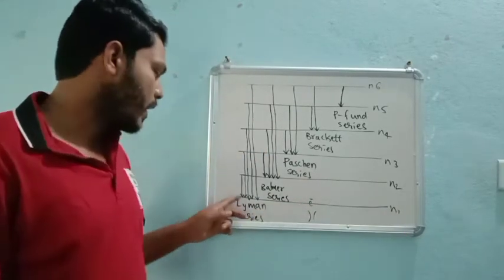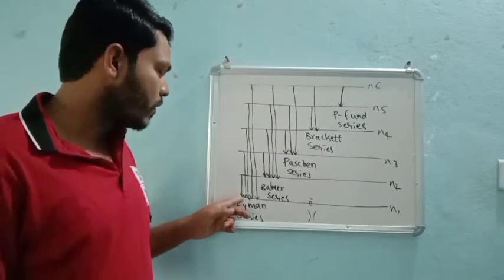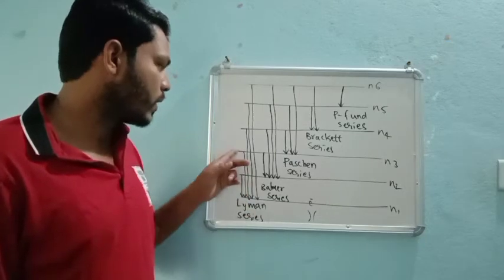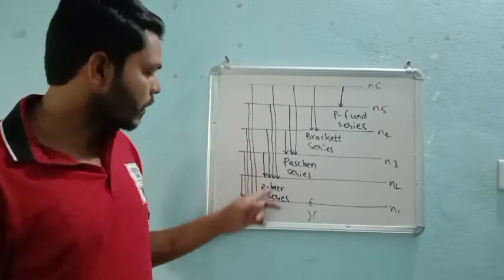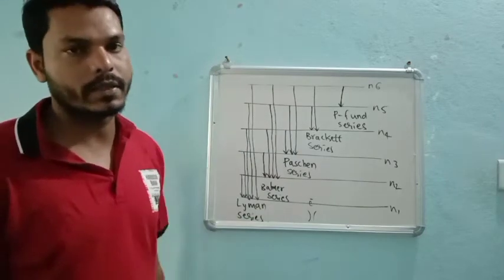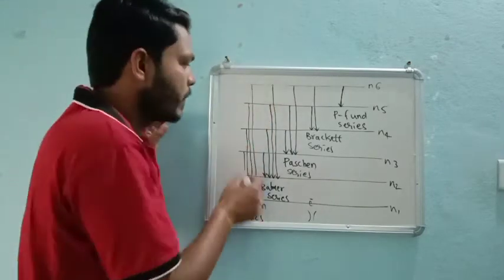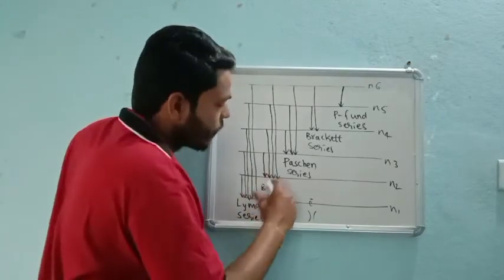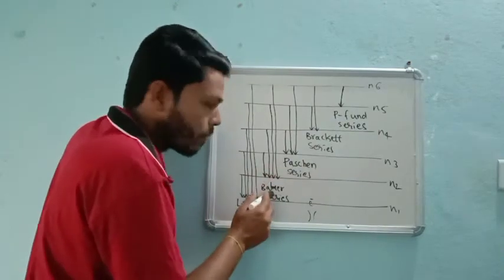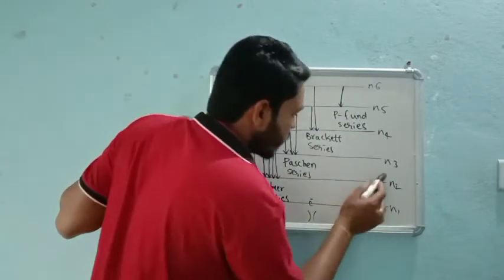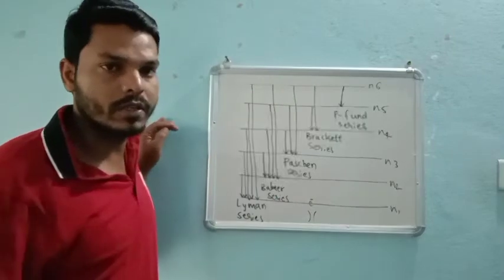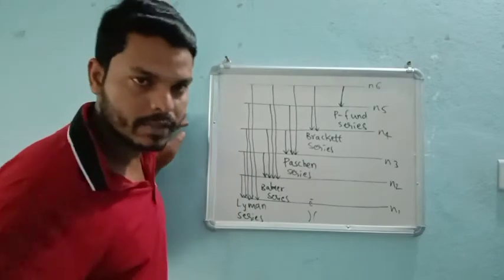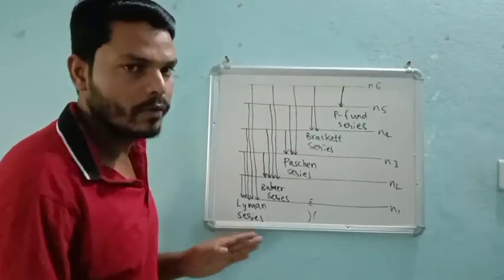That's why he jumped the electron of hydrogen from n1 to n2, n1 to n3, n1 to n4, n1 to n5, as well as n1 to n6. The jumping part is no doubt, but the ground state energy level differed from scientist to scientist. Then later Balmer came and said the energy state of the electron present in hydrogen is not n1, it is n2.